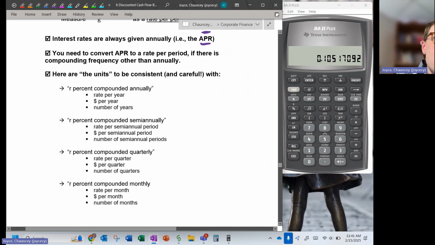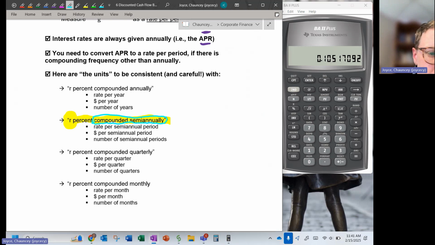So just be consistent. If, for example, you get a question that says something like R%, the R is your APR, and then it says compounded semi-annually. This is just telling you when it starts stacking interest. In this case, it'll accrue interest every 6 months.